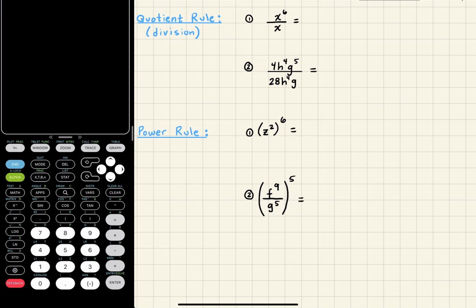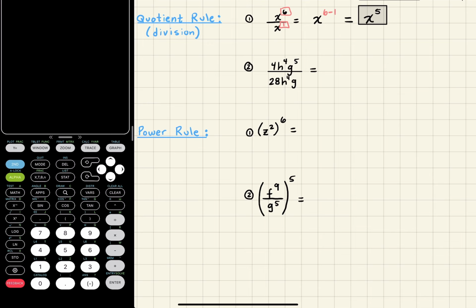The quotient rule states that when you're dividing terms that have the exact same base, you subtract their exponents. So in this case, our base is x, and we're going to subtract the exponents. That'll give us an answer of x to the 6 minus 1, which is x to the 5th.